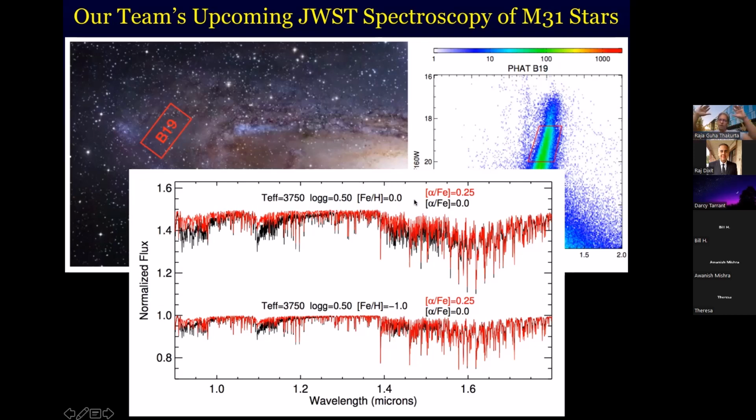That means the iron to hydrogen ratio of the star, divided by the iron to hydrogen ratio of the sun, the logarithm of that is 0. The logarithm of something is 0 when the ratio is 1. That means this is equal. This star has an iron to hydrogen ratio that's the same as the sun, whereas this star over here has an iron to hydrogen ratio that's 1/10 of the sun, much more anemic.